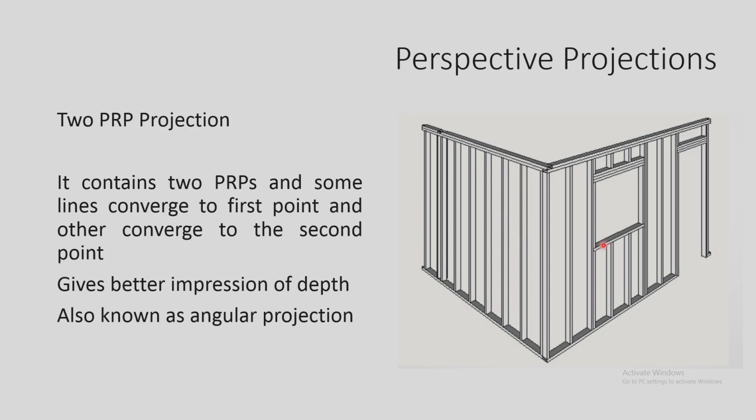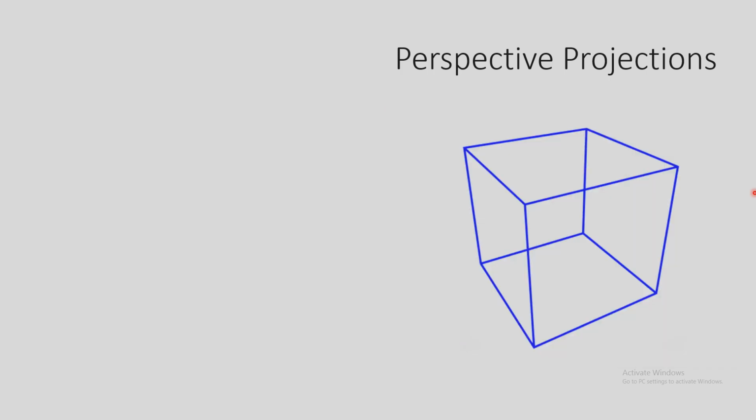A live example of it is something like this. In this example, a few lines are converging in this direction and a few lines in this direction. So you can experience an even better image of 3D objects if you have 3 projection reference points.